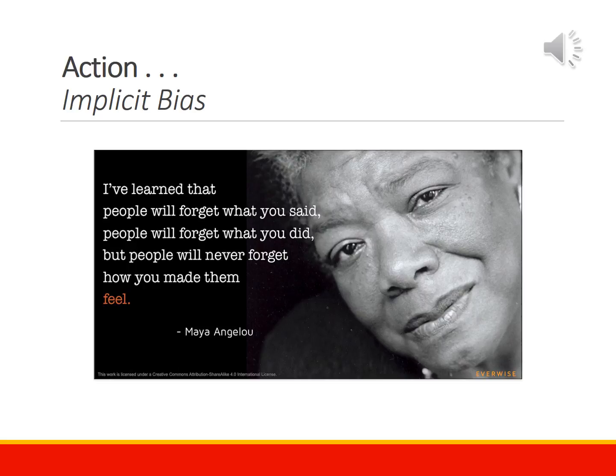This is why experiments like the implicit association test we talked about earlier are so key. So now, I will end this lecture with a quote from Maya Angelou. I've learned that people will forget what you said, people will forget what you did, but people will never forget how you made them feel.